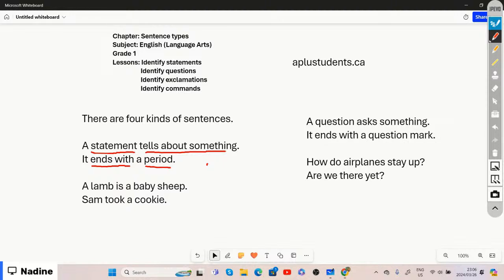An example is: a lamb is a baby sheep. Even if somebody had asked what a baby sheep is called, or even if they didn't ask, you can just say that a lamb is a baby sheep. It is just a statement, and it ends with a period.